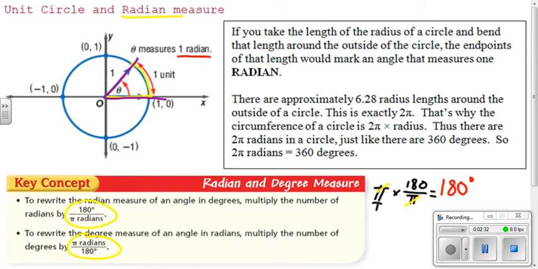So this point over here, if we have our angle, we'd call it 180 degrees, or we could call it pi radians. And vice versa. If we were given something in degree measure, we would multiply by pi radians over 180 degrees. You can go back and forth between the two.